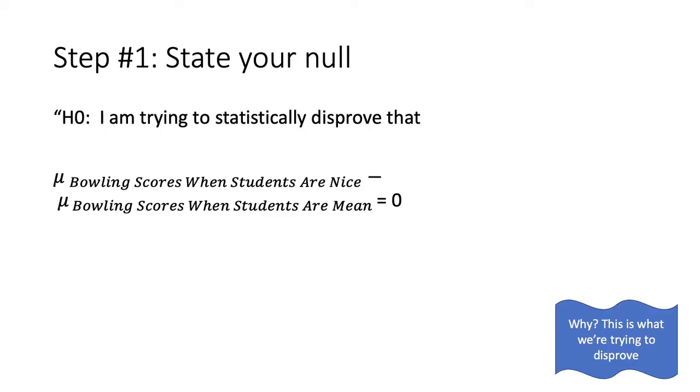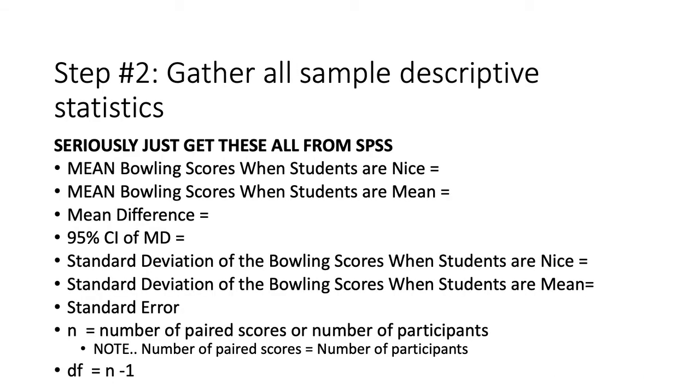We state our null. I am trying to statistically disprove that the true population mean of faculty bowling scores when students are nice minus the true population mean of faculty bowling scores when students are mean equals 0. We're going to gather all our known sample descriptive statistics.